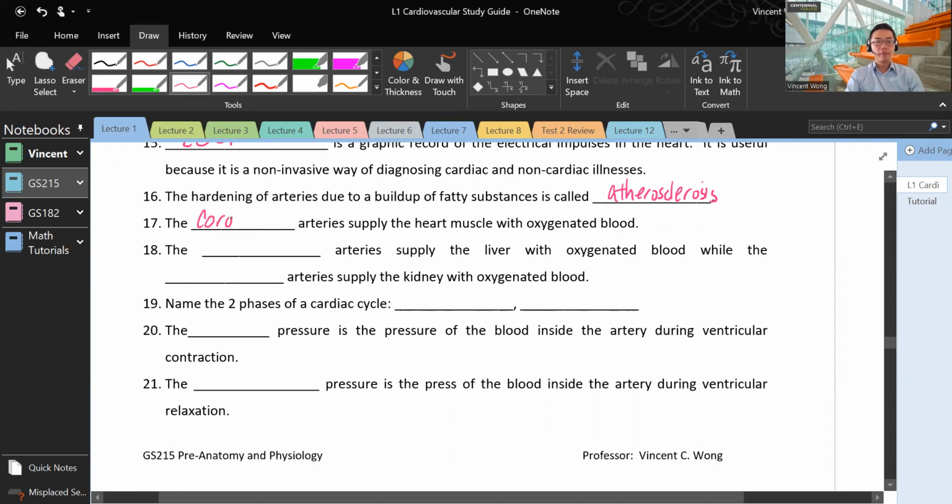The coronary arteries supply the heart muscle with oxygenated blood. Hepatic artery supplies the liver. Renal arteries supplies the kidney.